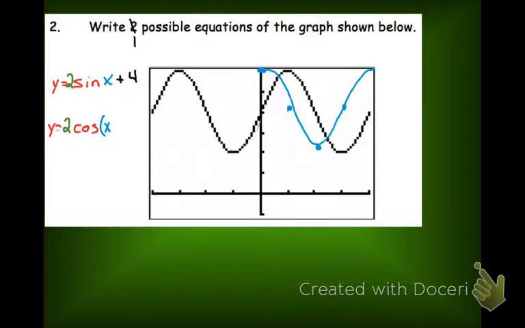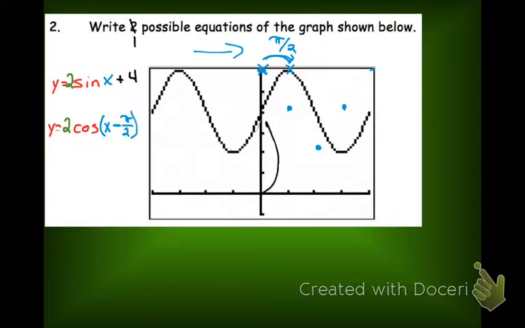So the shift from this point to this point, shifting it forward, is going to be pi over 2. So this is going to be x minus, because we're shifting to the right, pi over 2. And then we still have shifted up those 4 units, so that's going to still tag the plus 4 on the end of it.